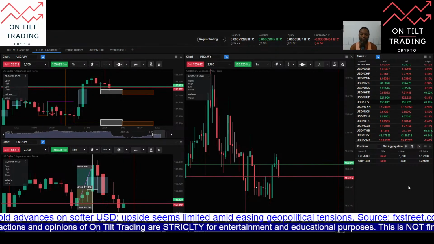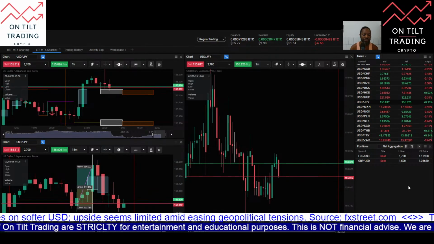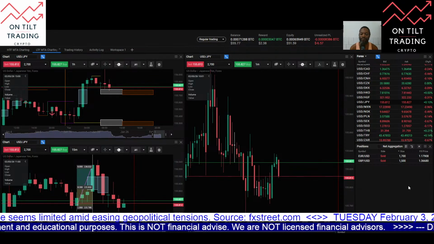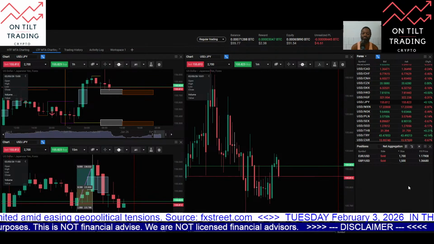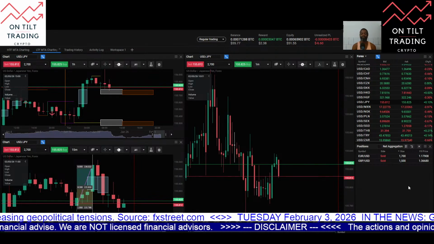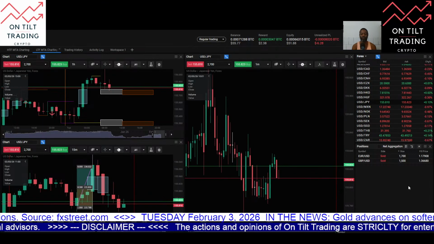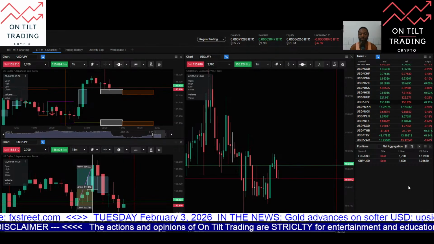Price trading deeper into that 1 minute fair value gap, and showing some more volatility here.